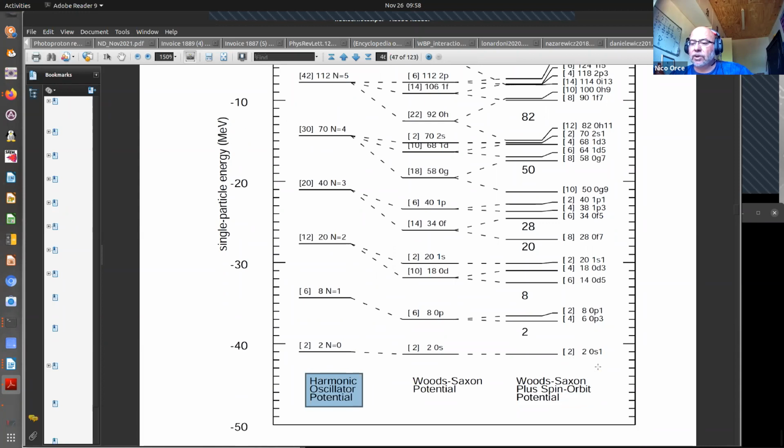One exercise was to apply the spin-orbit interaction to all these levels, to the 0s, and this becomes 0s1/2, right? Because remember that we use perturbation theory.